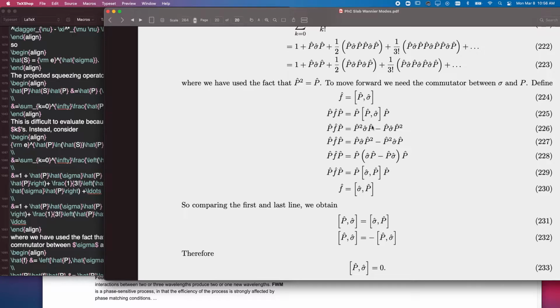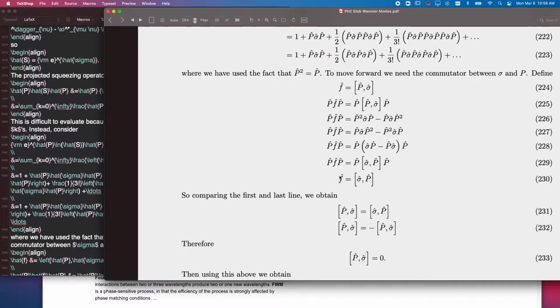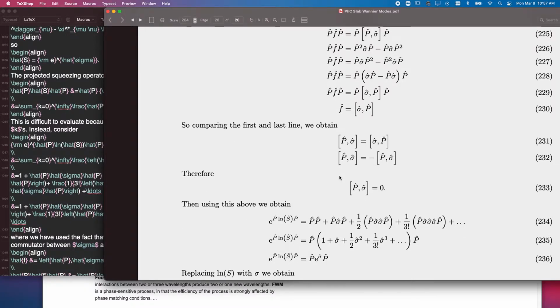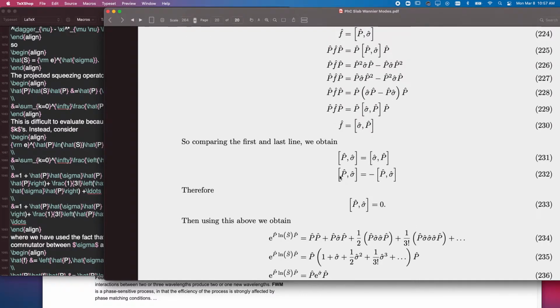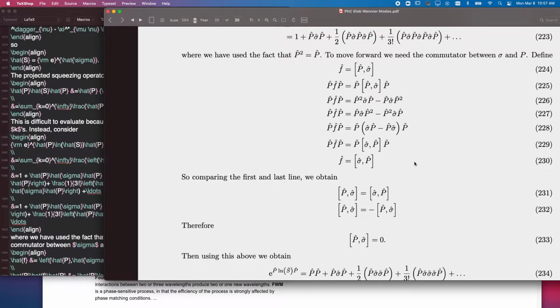Other than that, I don't think I've made any other assumptions. Oh, and also that p has an inverse. So I've made the assumptions that p squared equals p, and that p inverse times p and p times p inverse are equal to each other and equal to the identity. I think those are the only assumptions I've made. I don't know though. But hopefully this is true. I don't see why it's not true.